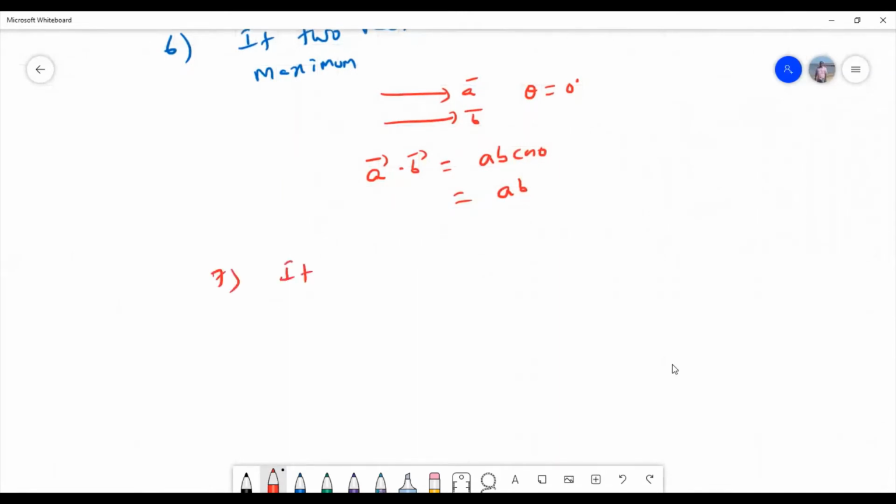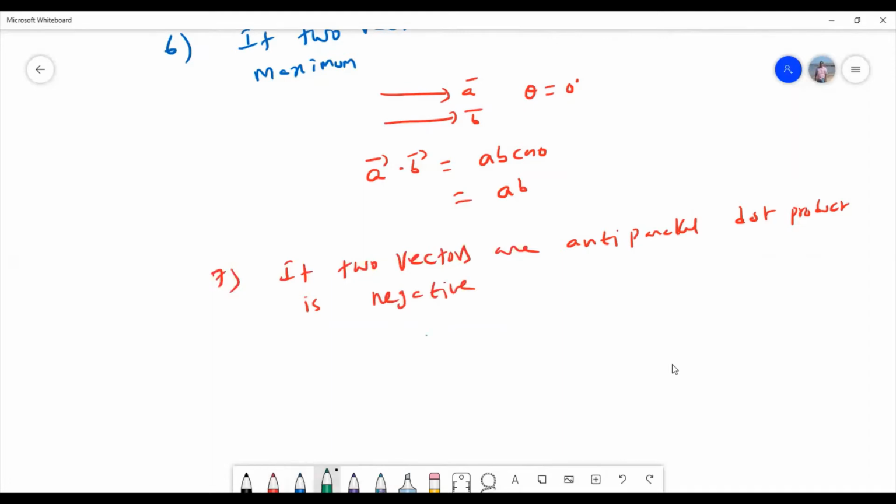Next, if two vectors are anti-parallel, dot product is negative. Dot product is negative.